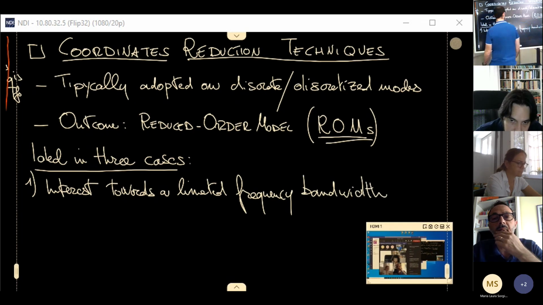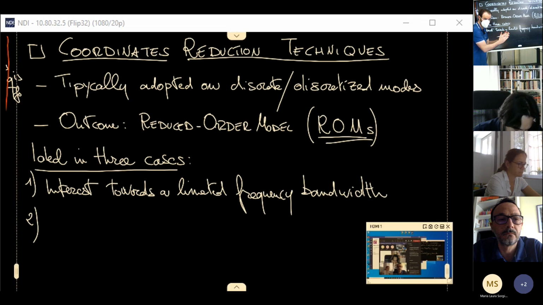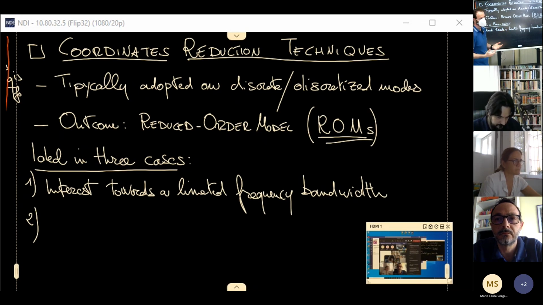And so again, this already gives you the hint on the use of these techniques, because if we are interested only in one part of the spectrum of the response, maybe we can sacrifice the accuracy on the rest, reducing the number of the degrees of freedom.